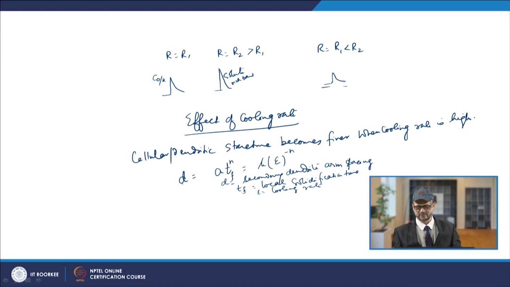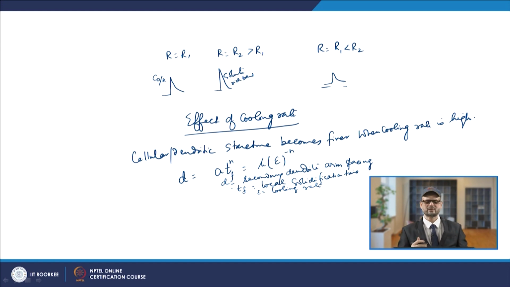So, this is the formula for finding the dendritic arm spacing, and it has been seen that as you increase the cooling rate, the arm spacing becomes narrower and narrower. That is the effect of increasing the cooling rate, or decreasing the time of solidification.